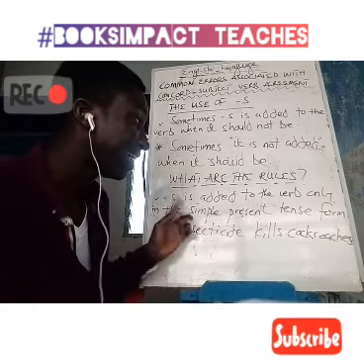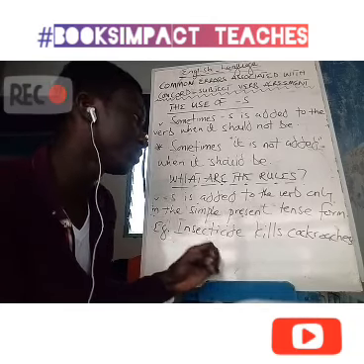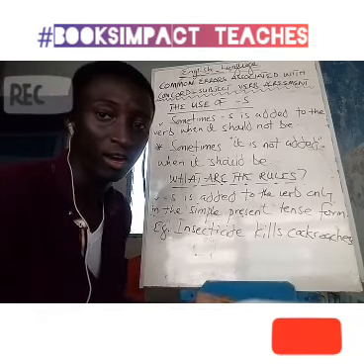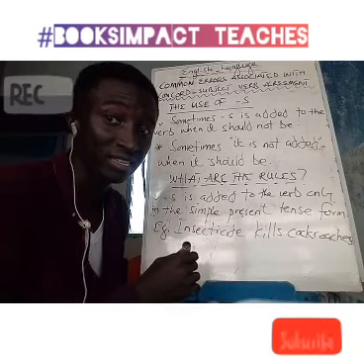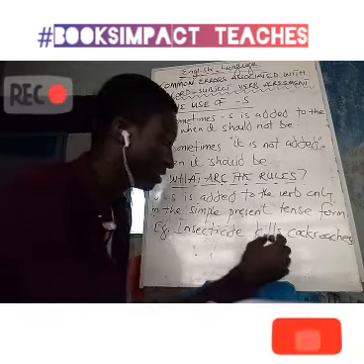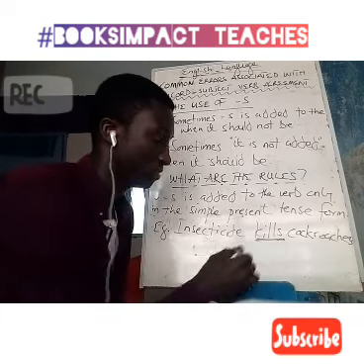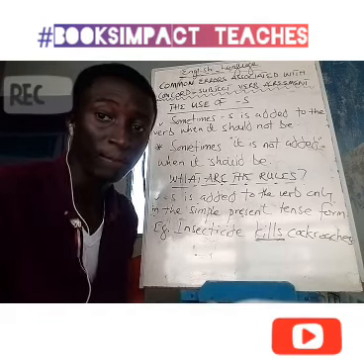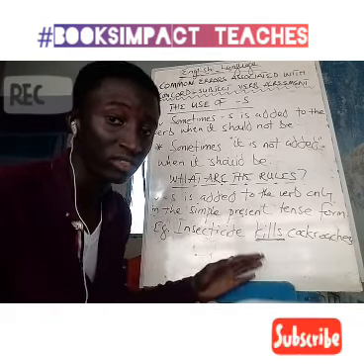We say that S is only added to the verb in the simple present tense form. Now we can identify the verb in this sentence as kills. Very good. Now kills is the verb, and you can see that S has been added to kills. Now what you should note is that kills is the simple present tense form of kill.